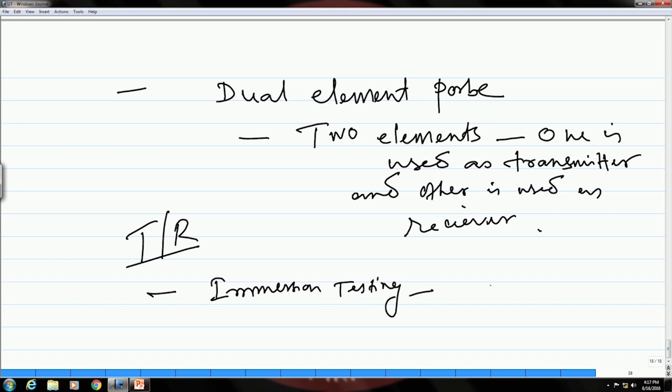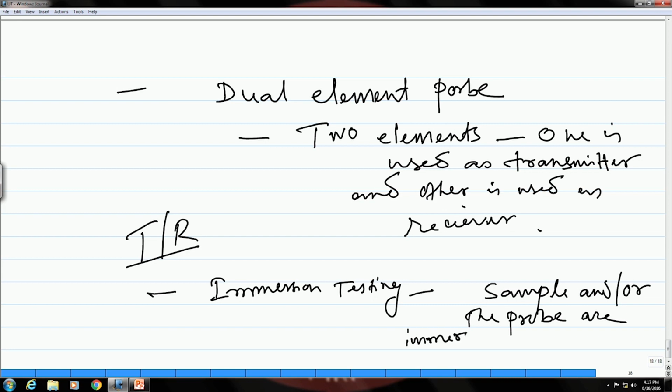So, in this case the sample or the probe is immersed in a liquid like water, and it is well known that the velocity of sound in water is much lower compared to that in metals.